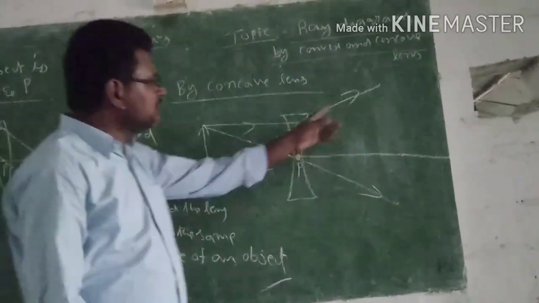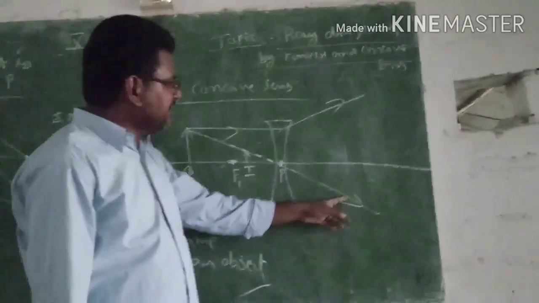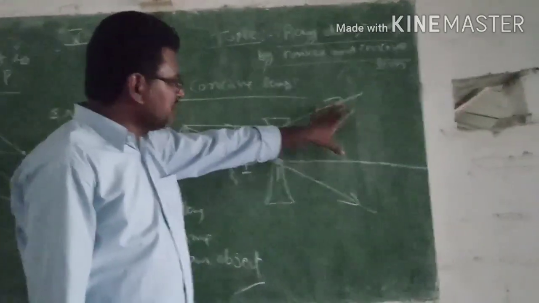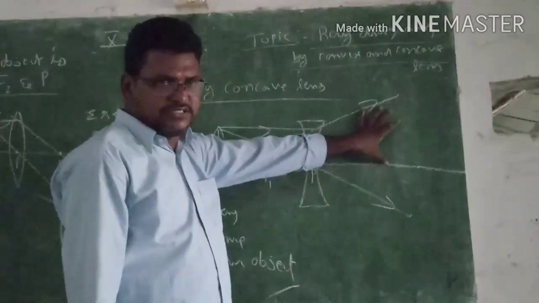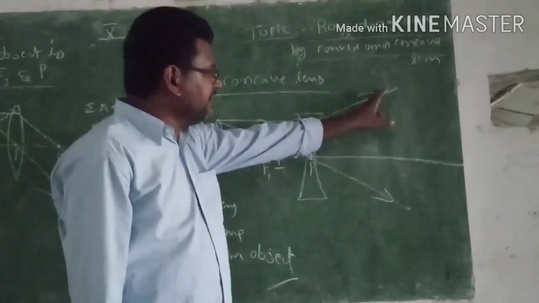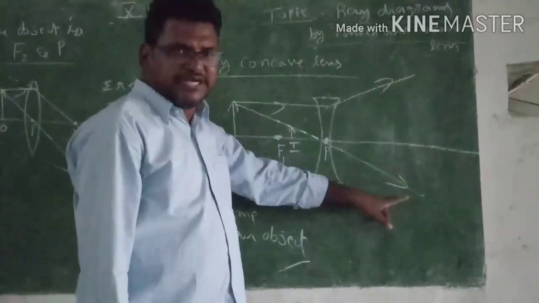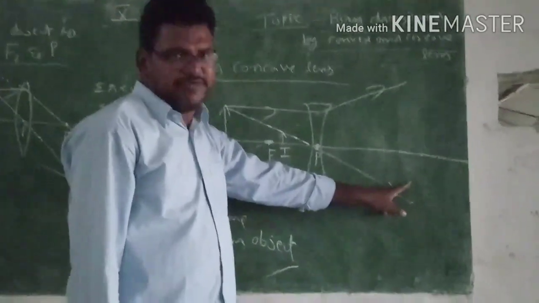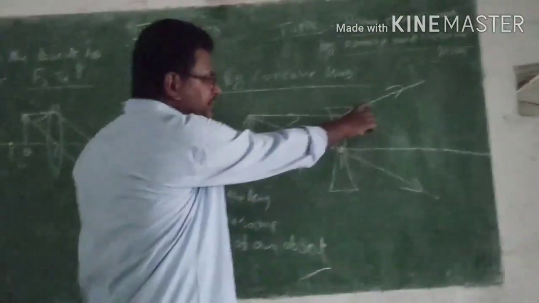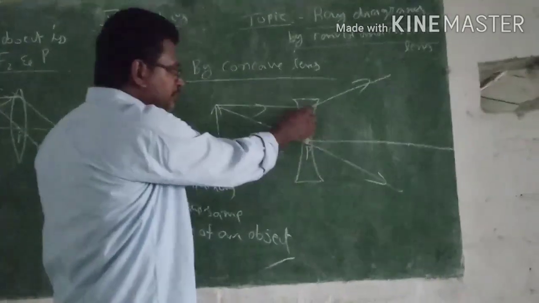Now here these two refracted light rays are diverging, that means traveling away from each other. There is no chance of these two light rays intersecting and forming a real image. So here I am extending the refracted light rays backward.